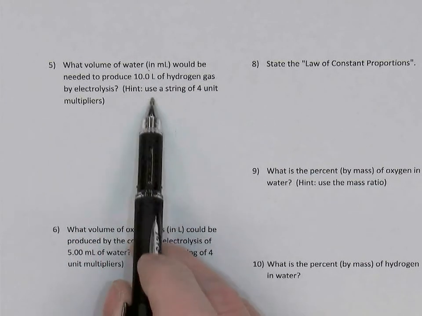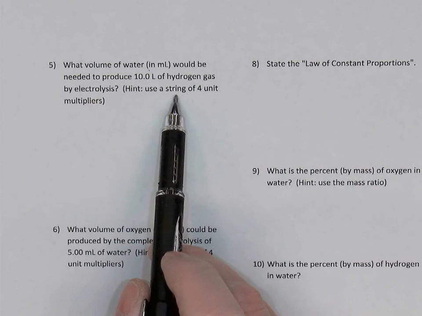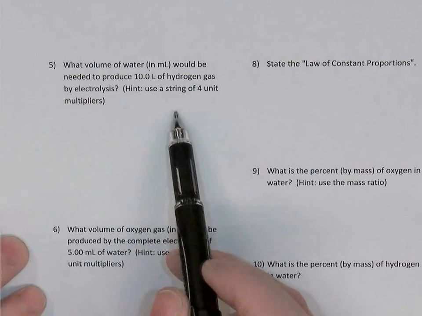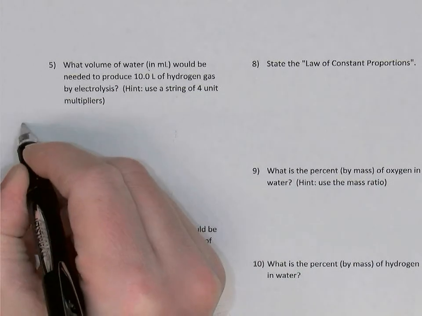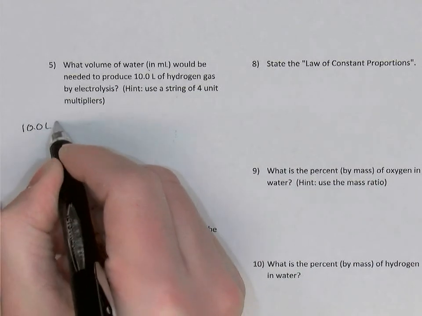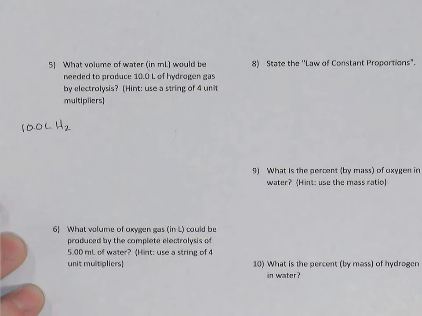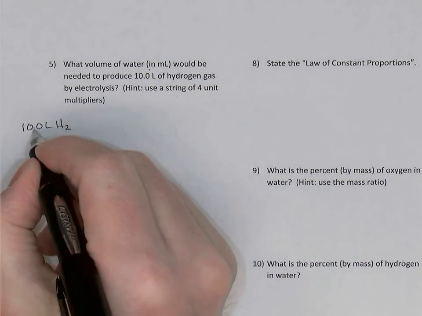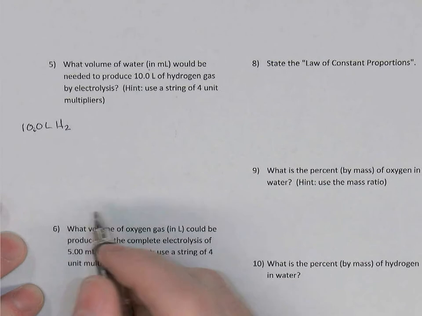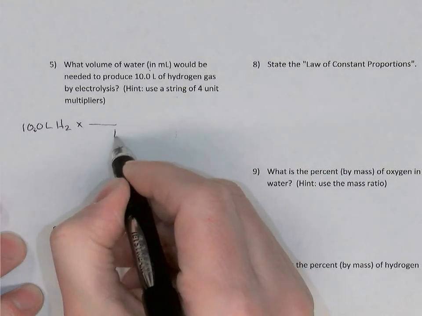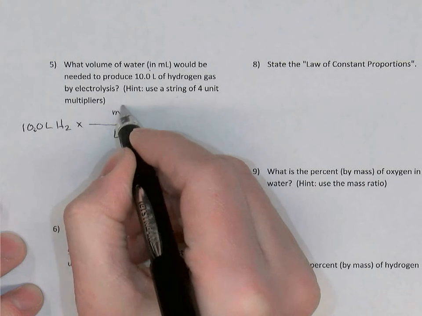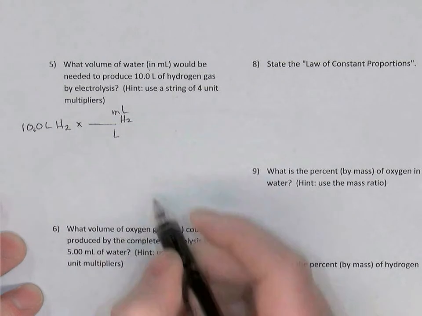And I'm going to suggest that you just do that with a string of unit multipliers. You don't need to do it as a bunch of different steps, although you could. I'm going to start with my 10 liters of hydrogen gas. The question is, what volume of water do I need to do that? So what I'll do first is switch from liters to milliliters of hydrogen gas.